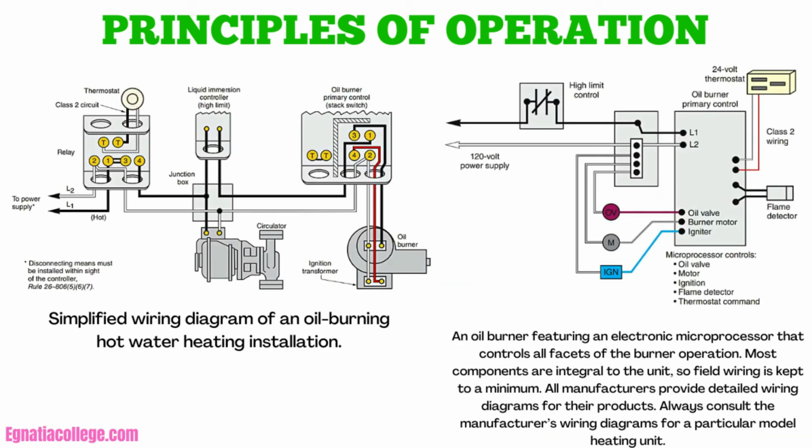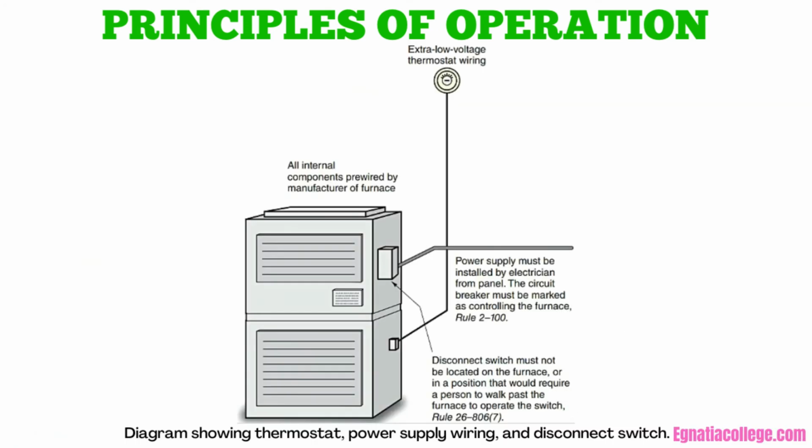Most residential gas or oil heating systems are packaged units in which the safety controls, valves, fan controls, limit switches, and so on are integral, pre-assembled, pre-wired parts of the furnace or boiler. For the electrician, the field wiring generally consists of installing and connecting the wire to the thermostat, and installing and connecting the power supply to the furnace or boiler.